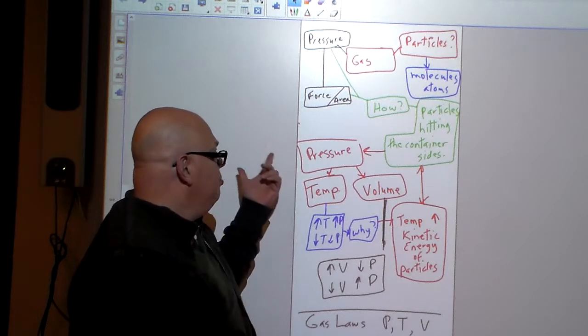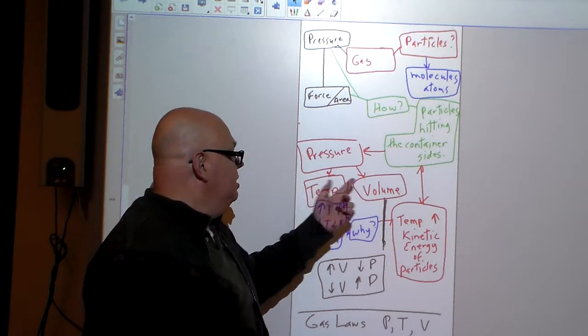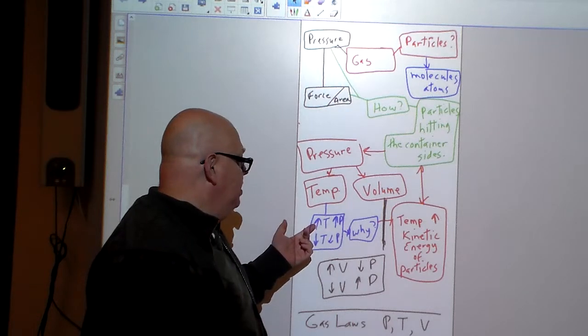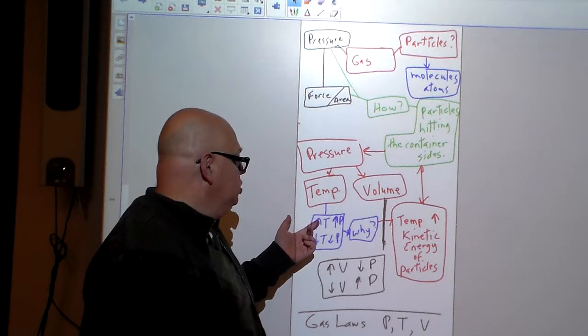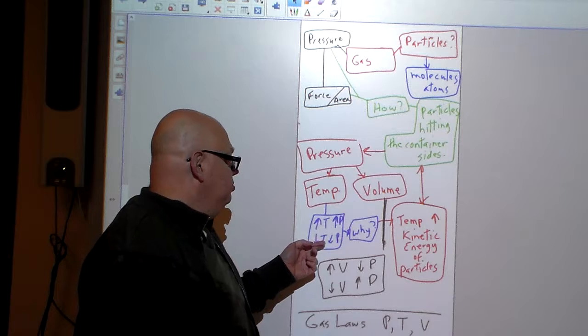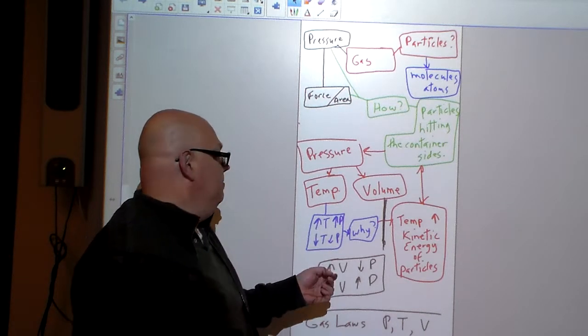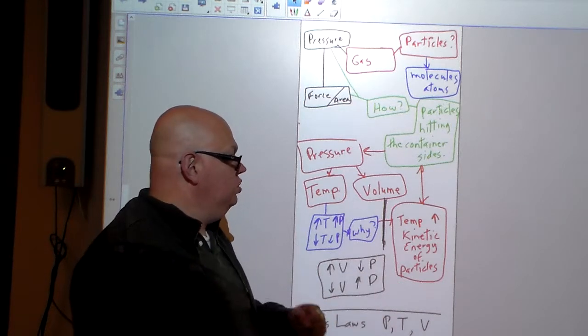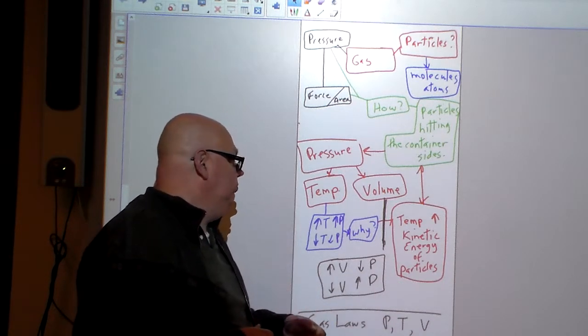So you get pressure, which has a connection with temperature and volume. All things being equal, if the temperature goes up, pressure goes up. Temperature goes down, so does the pressure. Why? If the temperature goes up, there's more kinetic energy of the particles.